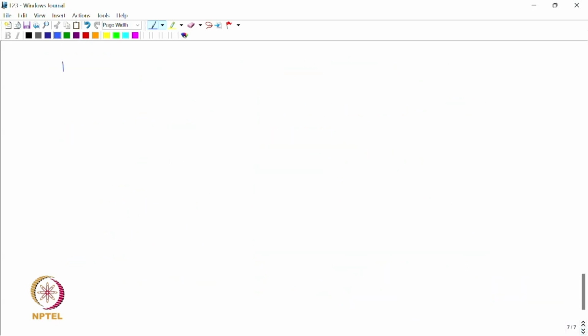So we can write down H2 omega as Gx bar x bar omega upon Gx bar f omega, and we just saw that Gx bar x bar omega is Gxx plus Gnn, and Gx bar f omega is Gxf, isn't it. That gives Gxx upon Gxf plus Gnn upon Gxf.